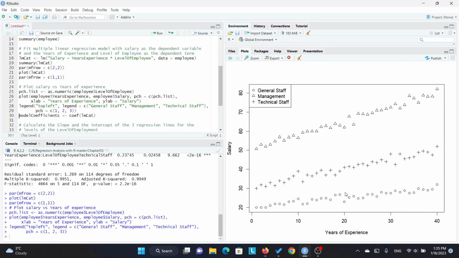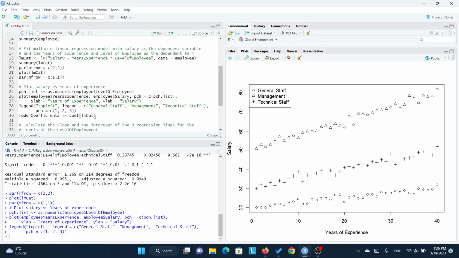So as you can see, as years of experience increases, salary also increases for all three of the different levels of employees. So here you have the dots, which is represented by the general staff, the technical staff here represented by plus, the management staff here represented by a triangle. So as you can see, all three of them can be approximated by a straight line.